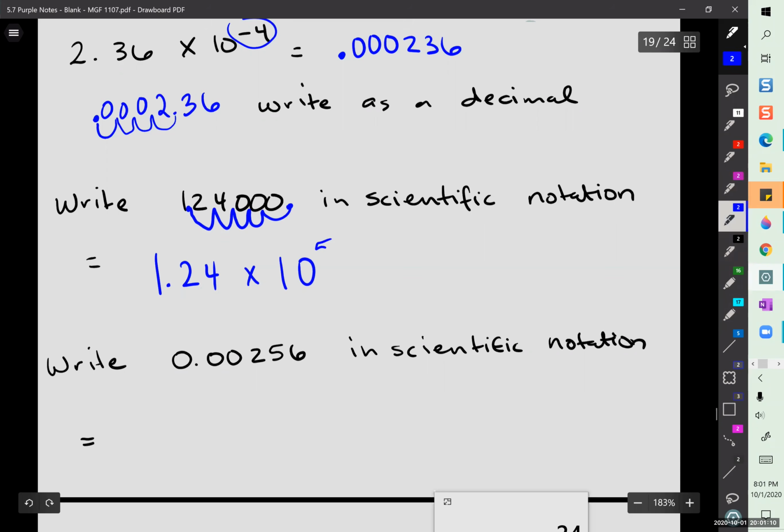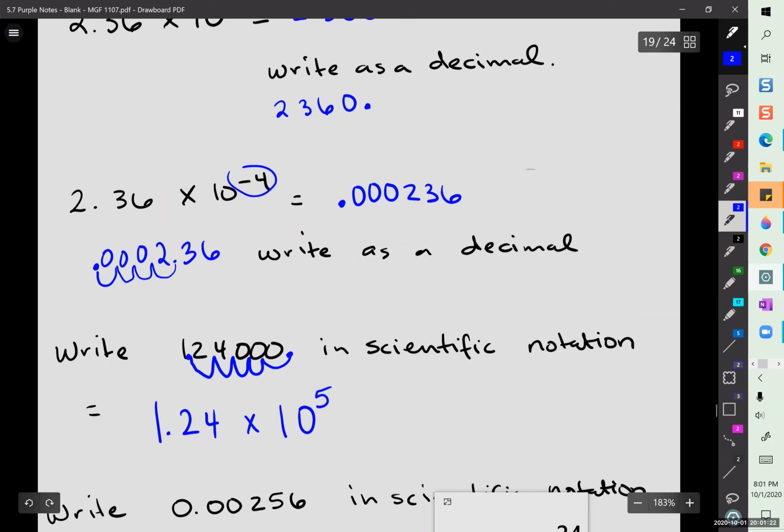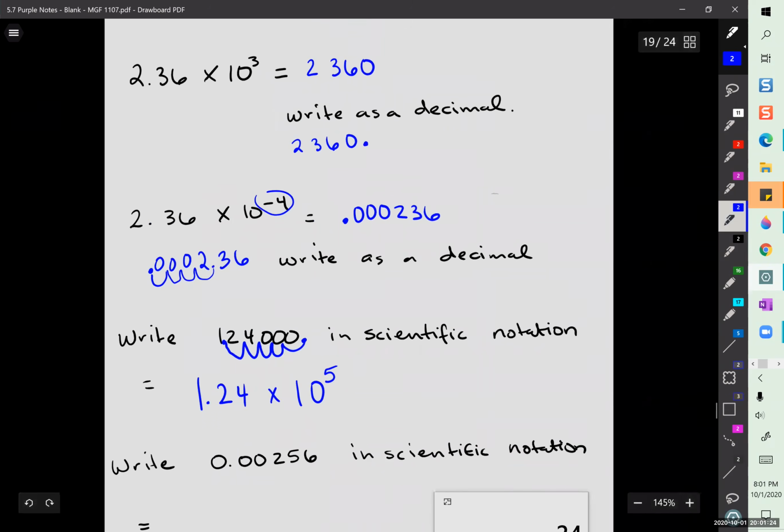So basically, if it's a big number, it's going to be to a positive value in scientific notation. If it's a small number, close to 0, it's going to have a negative in scientific notation. Now, I know that might be a little confusing because here, didn't we move to the left and it was negative?